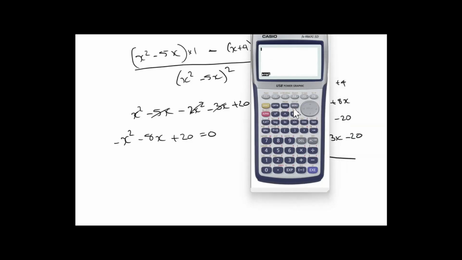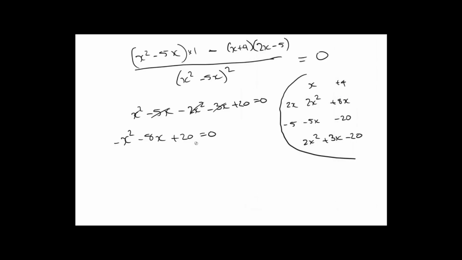So let's use our calculator. Again, this is calculus, it's not really algebra. So polynomial solver, this is degree 2, negative 1 x squared, negative 8 and 20, just to be lazy. So x is 2 and minus 10.